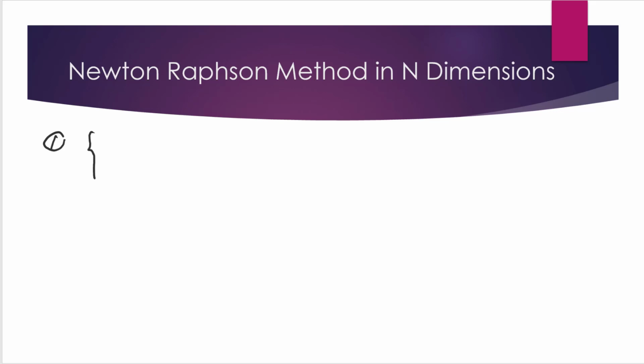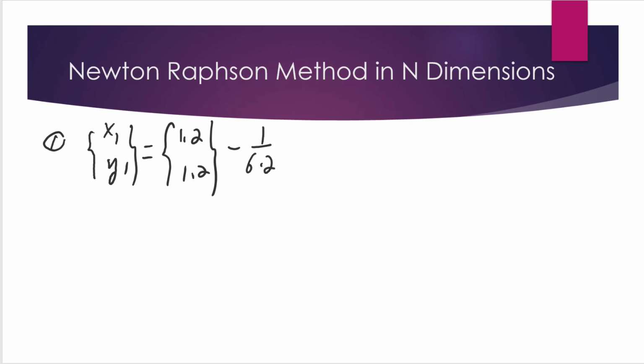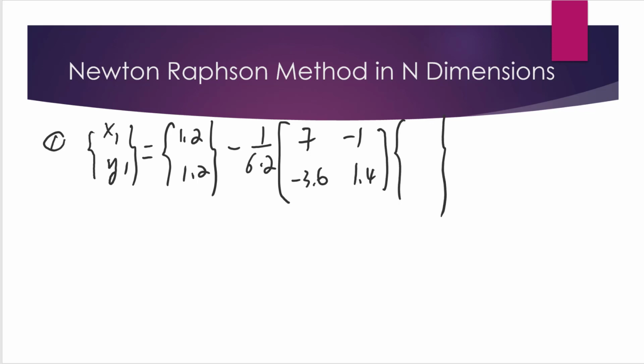We have x1, y1 equal to x0, y0 minus the Jacobian inverse evaluated at this point. It's 7, negative 1, 3.6, 1.4 times the function value, which is 0.94 and 6.96.